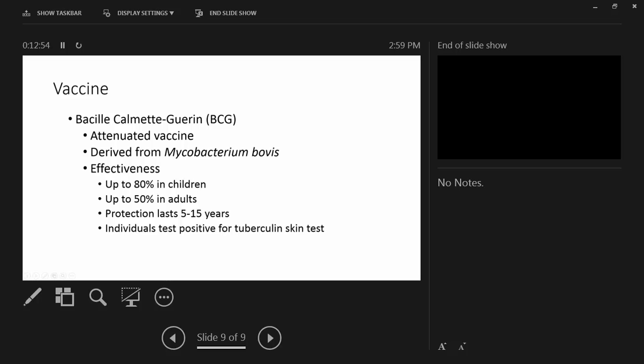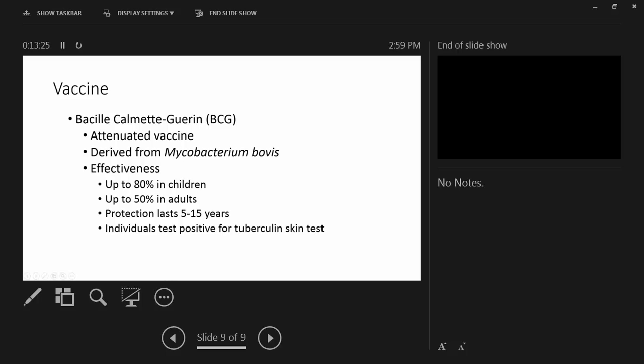This is an attenuated vaccine, meaning it's a weakened strain of Mycobacterium bovis. That's a strain of tuberculosis in cows that's been grown up in culture over many, many generations, so that it's lost some essential virulence factors and doesn't cause disease. We don't know exactly what's different about it, though.